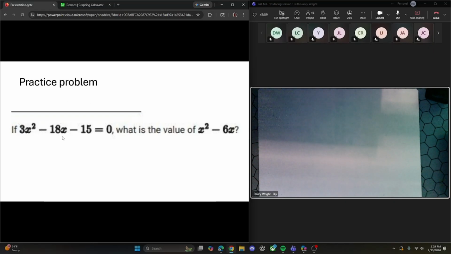If 3x squared minus 18x minus 15 is 0, what is the value of x squared minus 6x? So they're setting this equal to 0, and they want to find the value of x squared minus 6x.